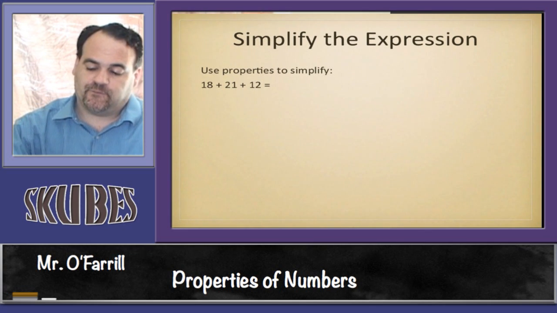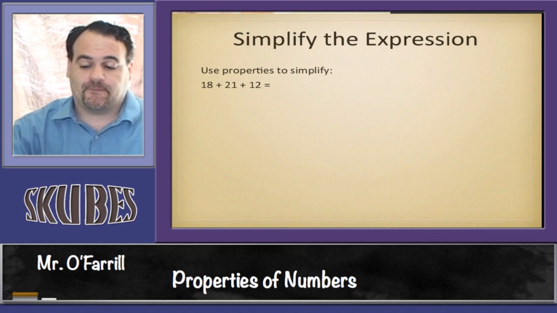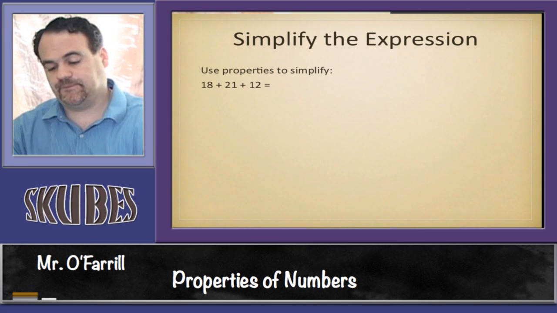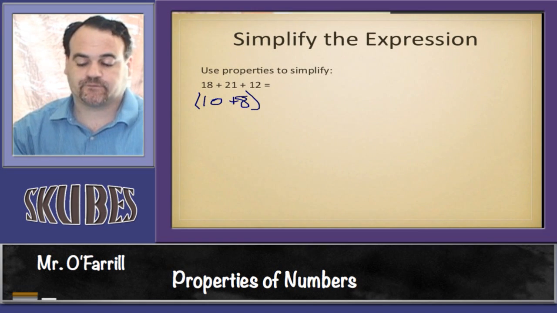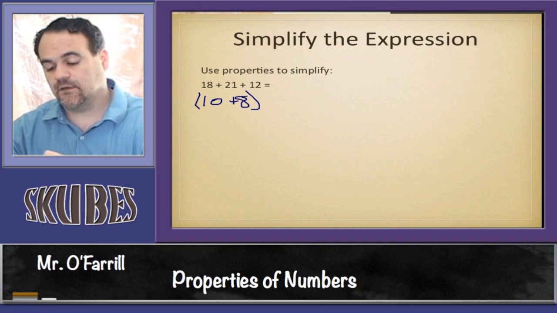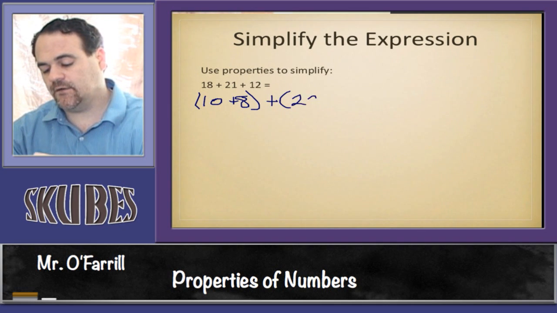So let's look at this. Let's begin with the number 18. I can split that up to become 10 plus 8. The number 21 can be split up to be 20 plus 1.